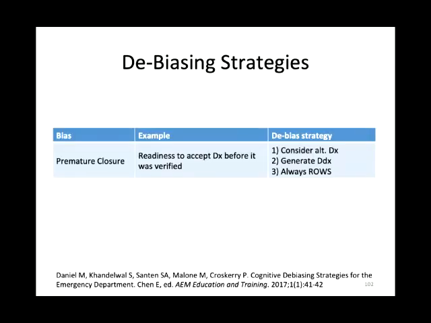And so this is work from Pat Croskerry. He's an ER doc in Halifax, and he suggests that in trying to reduce the bias of premature closure, we consider alternative diagnoses. We make sure we generate a differential diagnosis as opposed to just one diagnosis, and we always rule out worst case scenario.